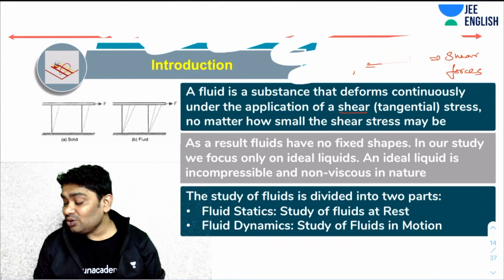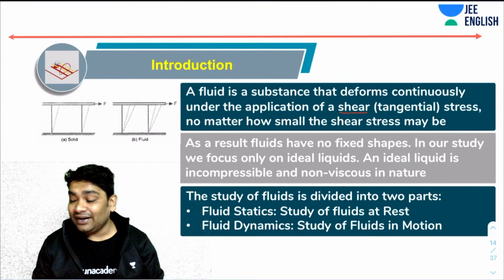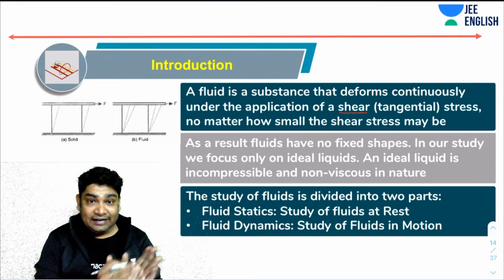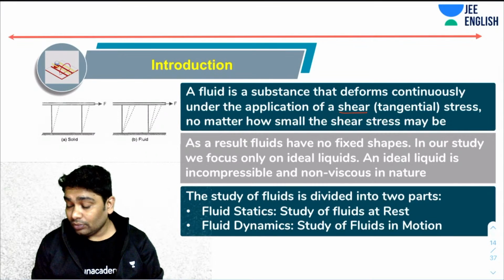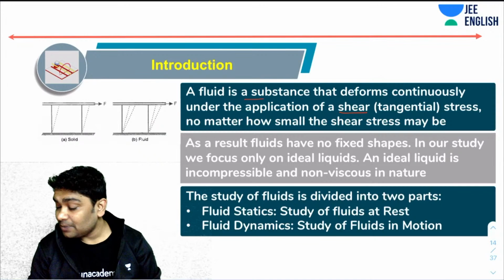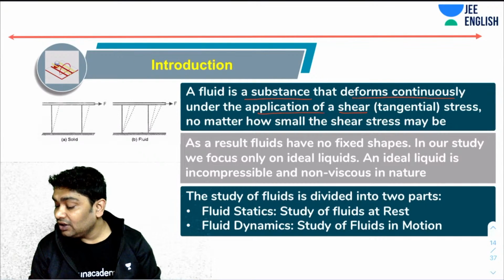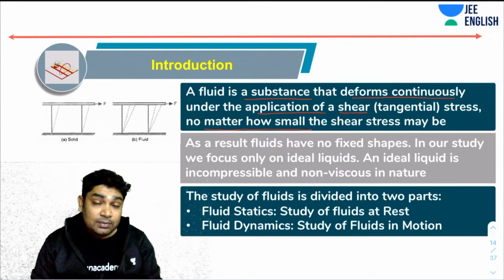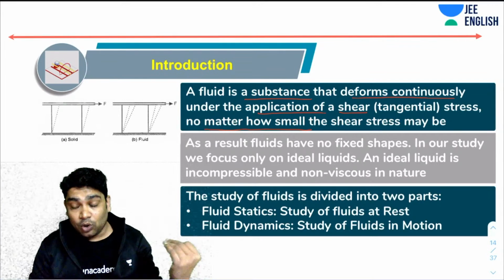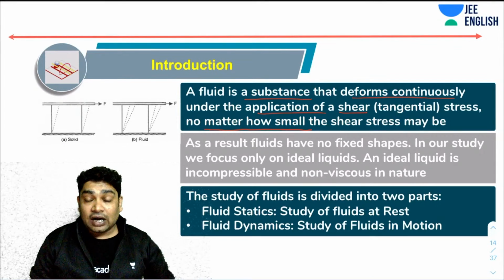That is how you define fluids. That is the technical definition of fluids. So remember this: a substance that deforms continuously under the application of a shear stress, no matter how small. Even for a negligible shearing stress, it should have a continuous deformation.